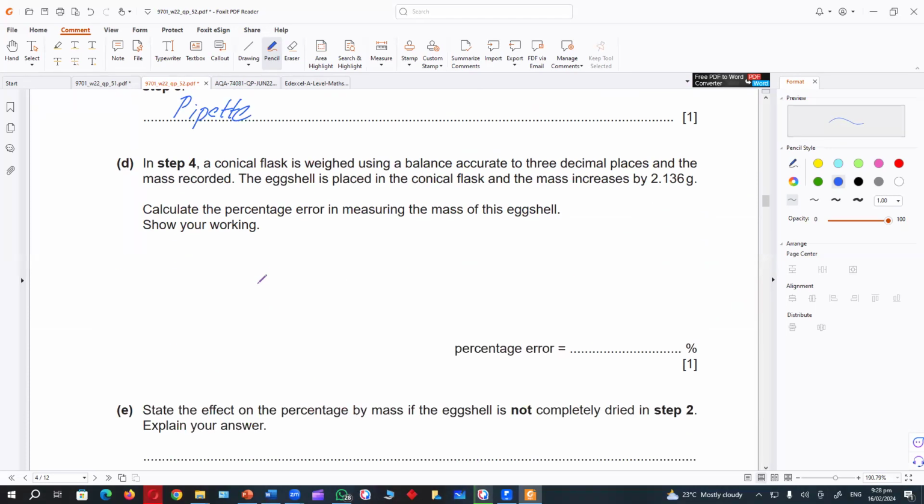In step 4, a conical flask is weighed using a balance accurate to 3 dp and the mass recorded. The eggshell is placed in the conical flask and the mass increased by 2.136. So he's asking to calculate the percentage error. Three DP.